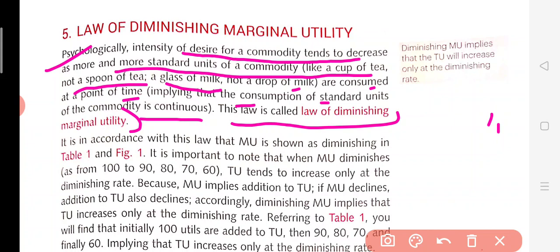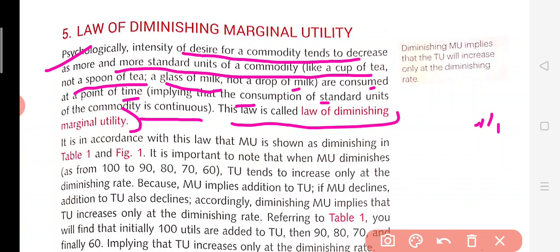Why? Because every time you consume that thing, the utility will fall. So total utility was decreasing because of that. What was the reason? What was the MU? It is just the rate at which your TU was increasing, and every time you have seen that marginal utility was decreasing.